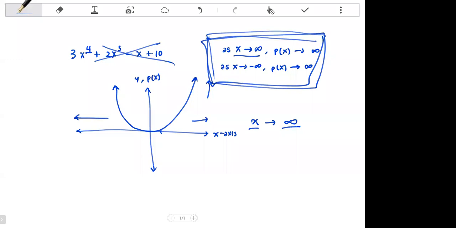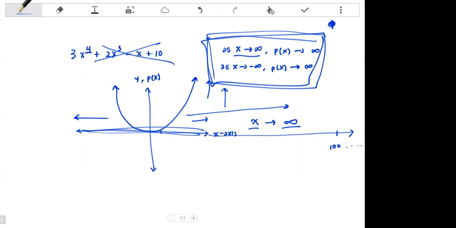So as x goes to infinity, what does that mean? Well, on this axis, as it goes to infinity, which is positive, where does our graph go? Our graph goes up, right? Let's say this graph goes on and it's at 100, then our point is going to be all the way up here. Probably higher. And if we go even more, it's going to be even higher and higher.